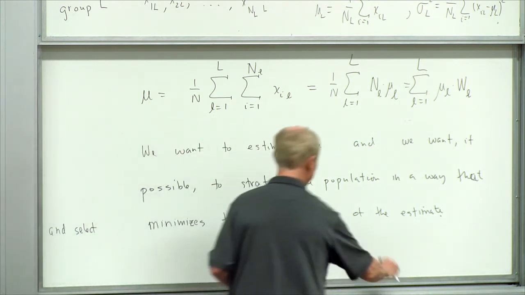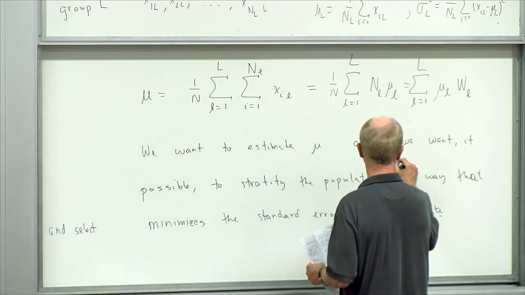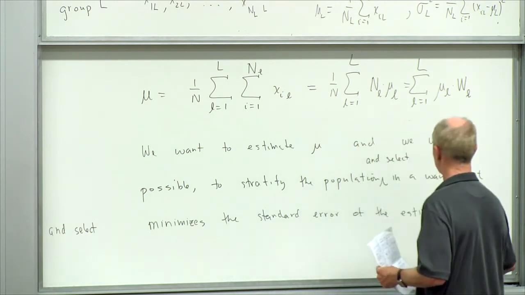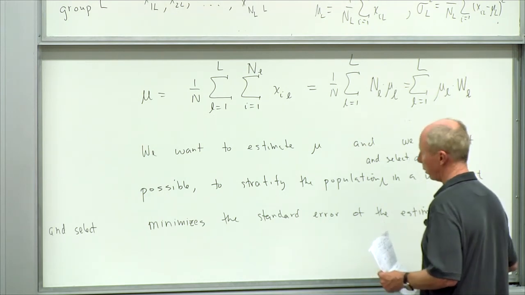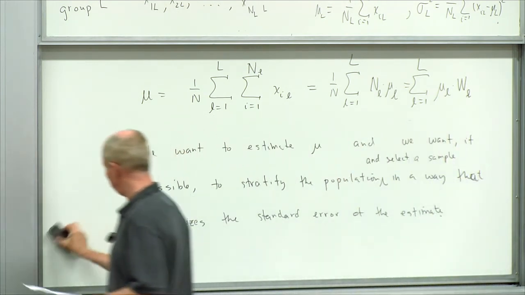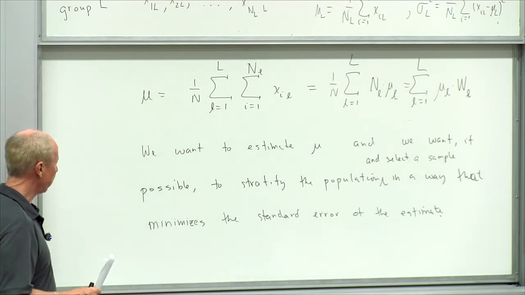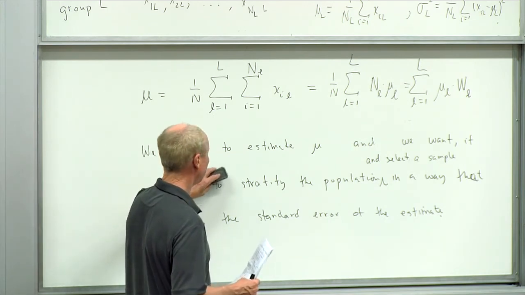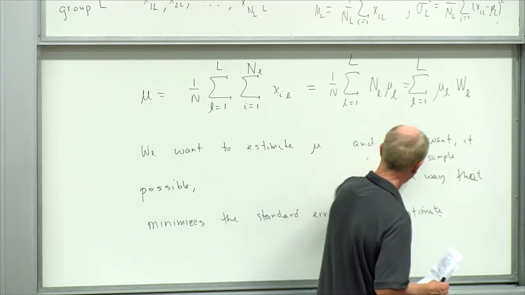So maybe I should add that in here. Stratify the population and select a sample in a way that minimizes standard error. But actually, maybe I should be more careful. Let me reword this.